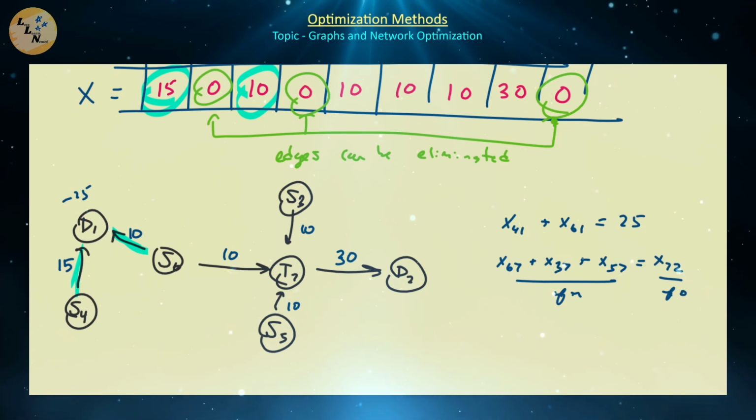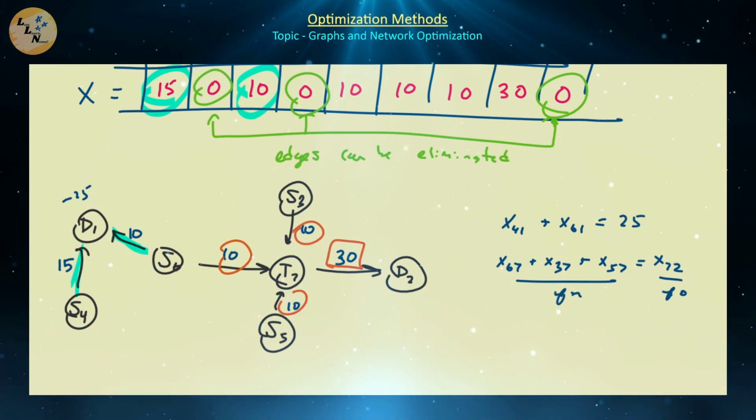Because remember, the supply and demand for T7 is going to be equal to 0 because of the transfer node. Okay, so the ins and the outs are in balance. And remember that the demand for D2 was 30, and notice it's getting 10 from S6, 10 from S3, and 10 from S5, because obviously there's nowhere else that those supplies can go, so everybody is satisfied from a supply and demand perspective.